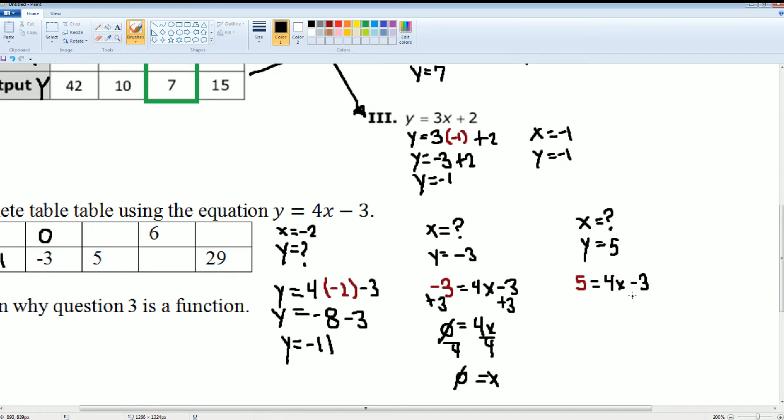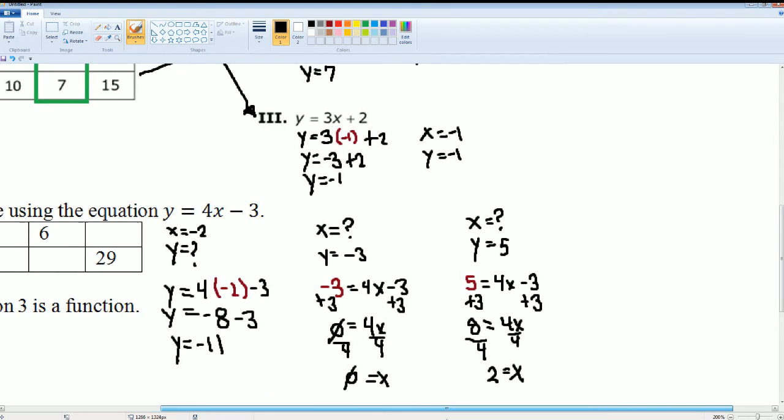Get x alone, so add 3, add 3. This becomes 8 is equal to 4x. Divide by 4, divide by 4, you get x is equal to 2. So when y equals 5, x equals 2. So you put in a 2 right there.